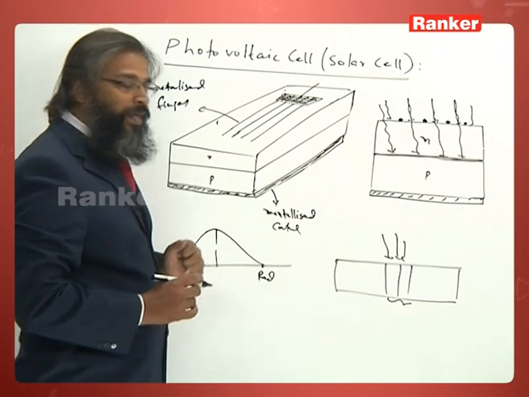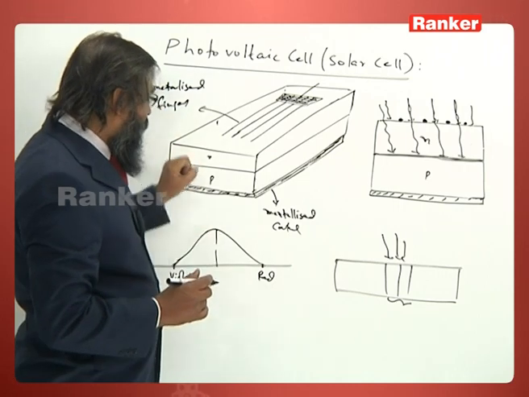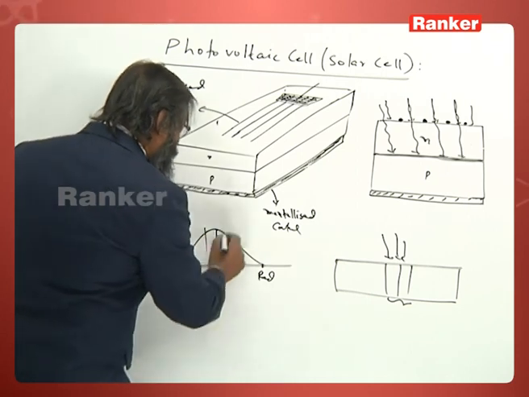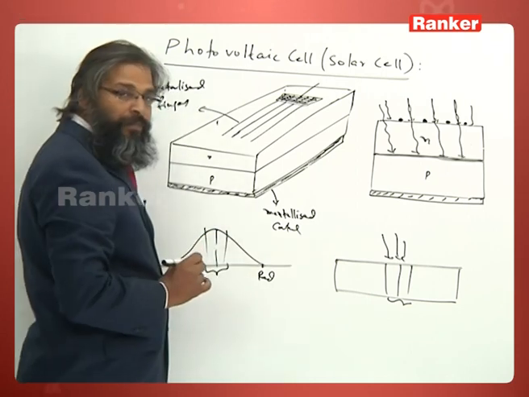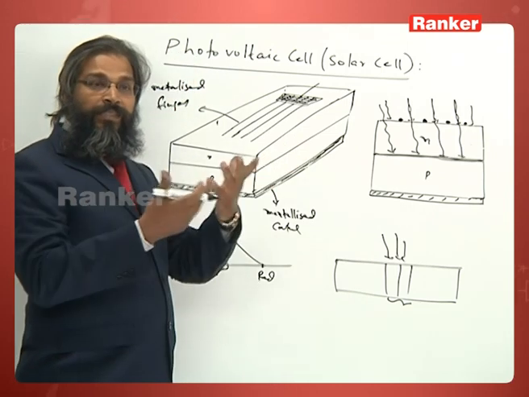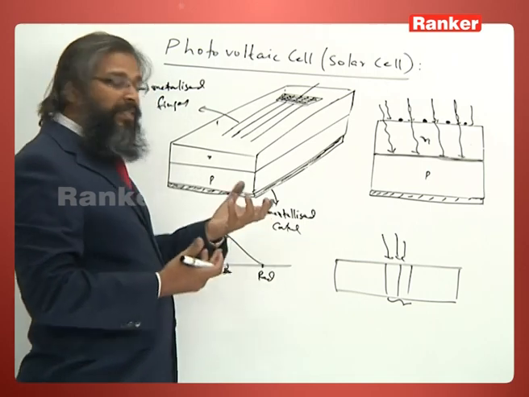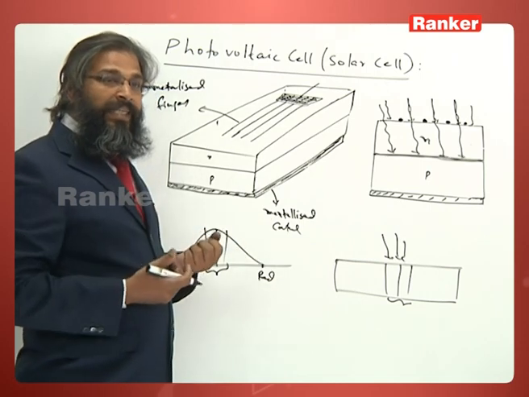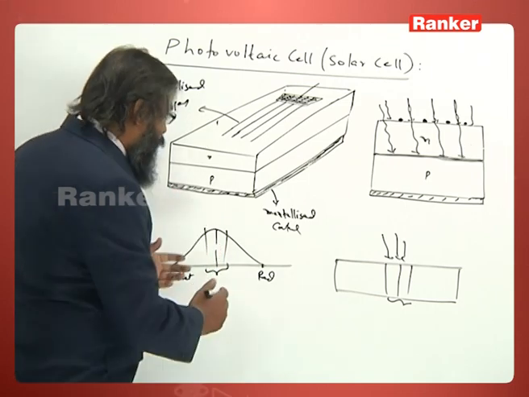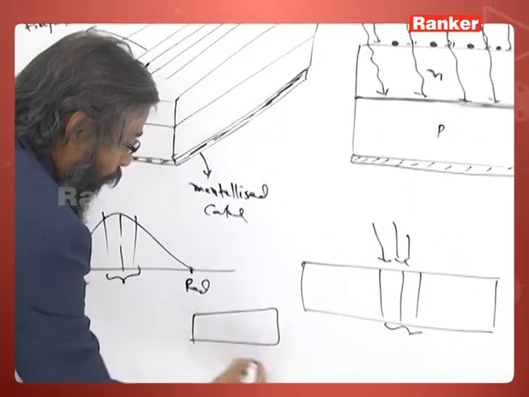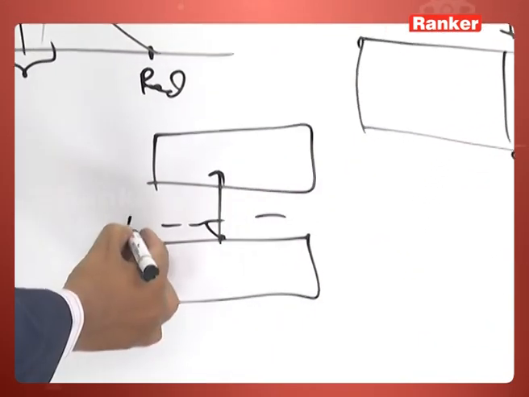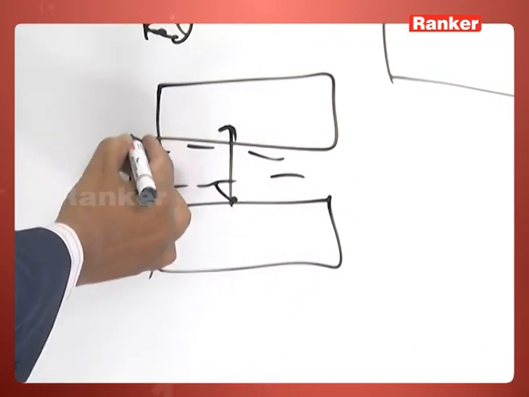Now suppose we have to design this solar cell to capture sunlight. Sunlight has maximum energy in the visible region. If I have to use another light, such as the light in our classroom, it is not similar to sunlight, it is near the violet region. That means we have to design the forbidden gap in such a way that these are the donor energy levels and these are the acceptor levels.